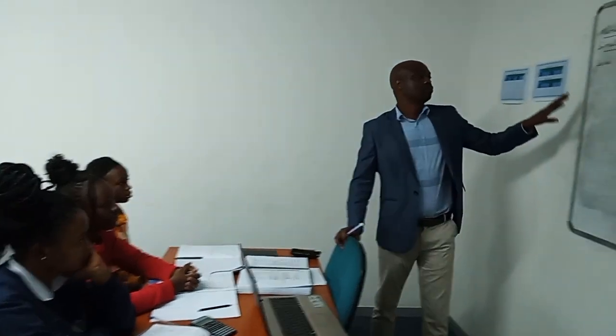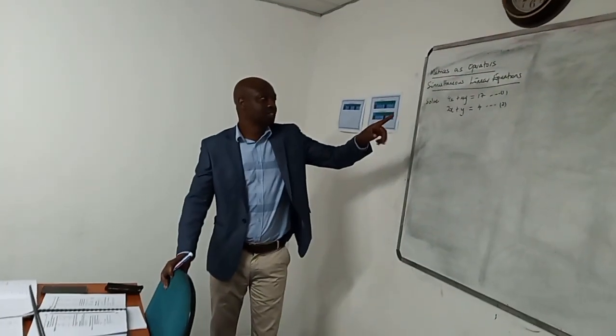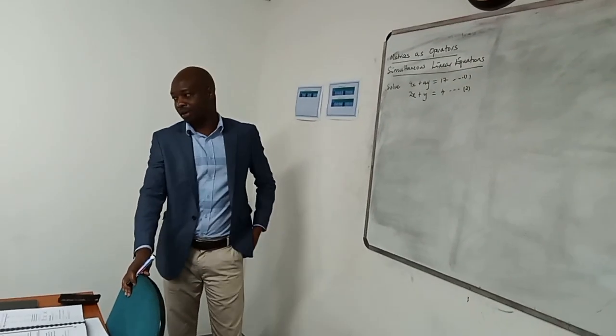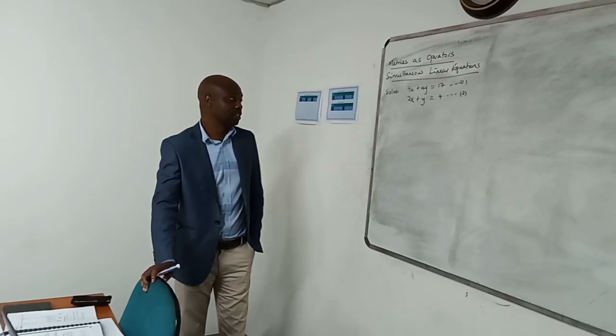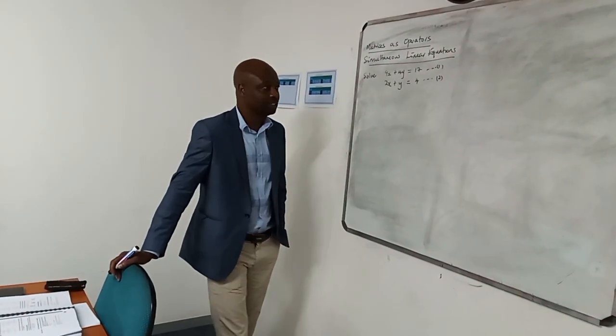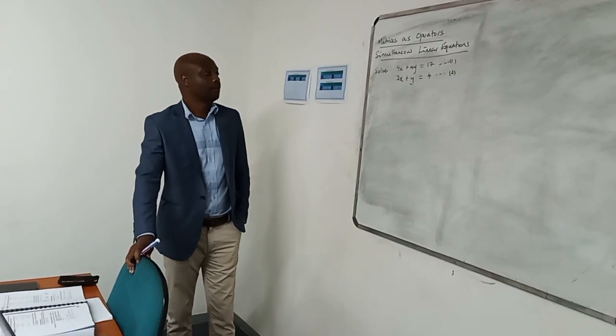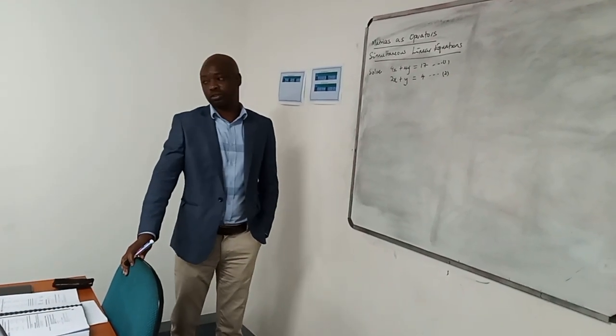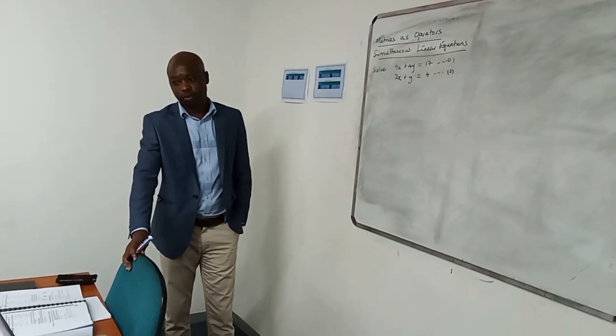Today we are looking at matrices as operators, meaning we are going to solve simultaneous linear equations using the matrix method. Our question today is: solve 9x plus 4y equals 17, which is our equation 1, then 2x plus y equals 4, our second equation.